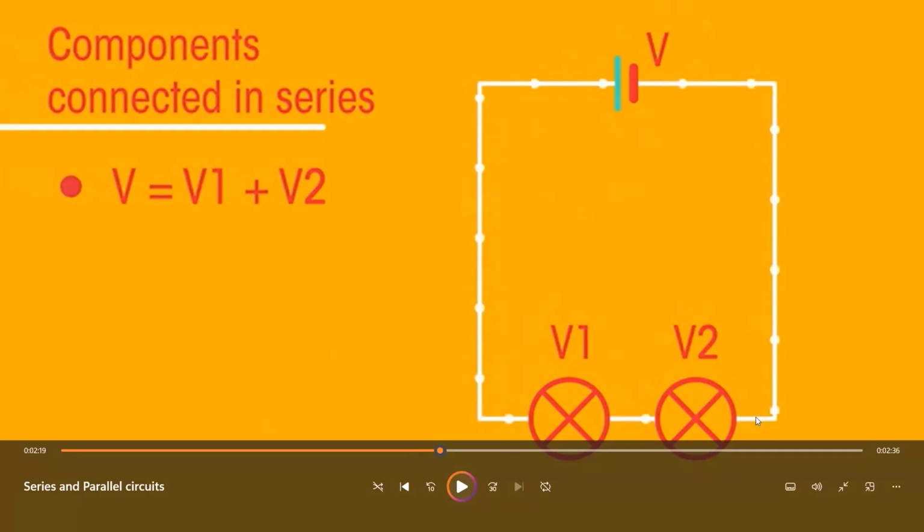The greater the resistance, the greater the voltage will be consumed. If V1, the first lamp, has a greater resistance, it will have greater voltage. In the same example, if this is 6 volt, this might take 4 and this take 2. So greater resistance means greater energy to be consumed in order to overcome this resistance and pass.